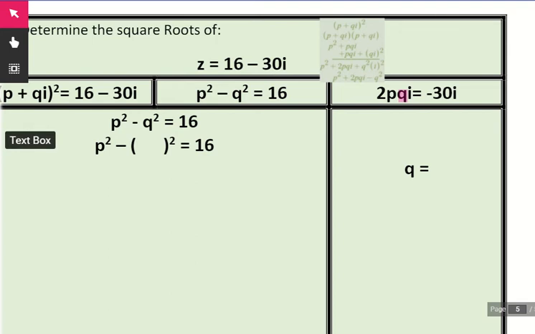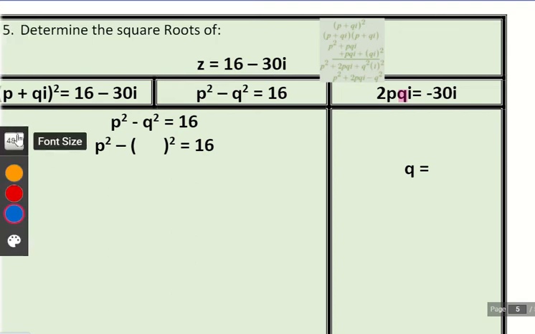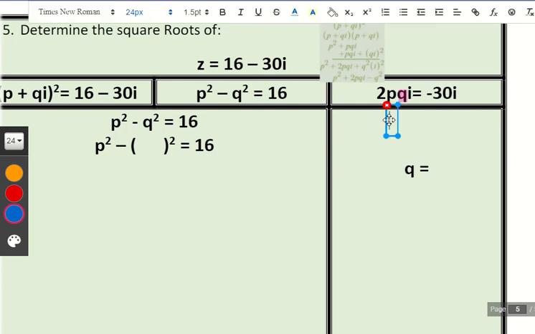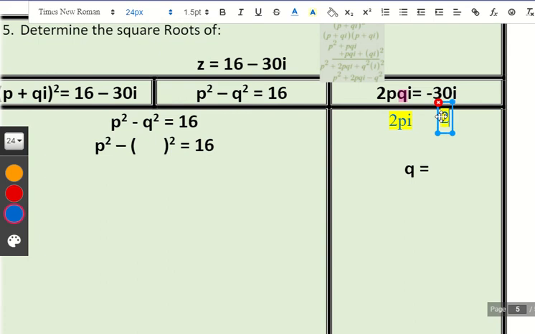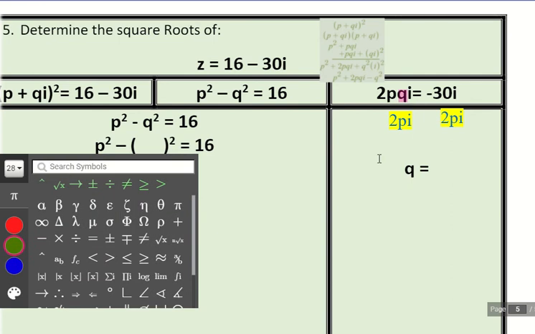So now I want to get q alone. That's where I'm starting, and I want to get rid of everything that's not q. So I'm going to divide this entire thing by 2pi on both sides. When I do that, the 2's cancel, the p's cancel, the i's cancel, and on this side I just have q.